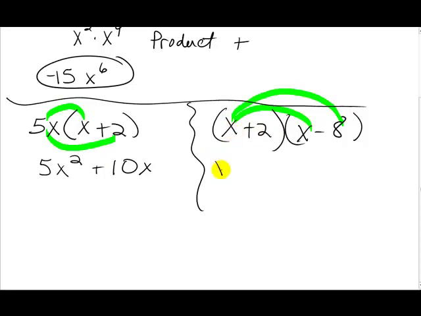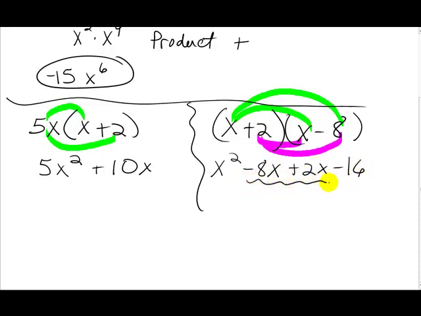So x times x, and then x times negative 8. Then we have to do the 2 times everything. So plus 2x minus 16. Then notice that these are like terms. So we go ahead and combine them.